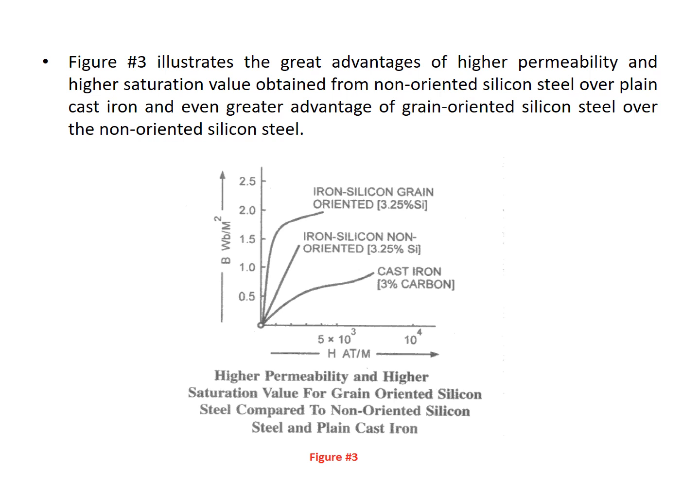Figure 3 discusses the great advantages of higher permeability and higher saturation values obtained from non-oriented silicon steel over plain cast iron, and even greater advantage of grain-oriented silicon steel over the non-oriented silicon steel.